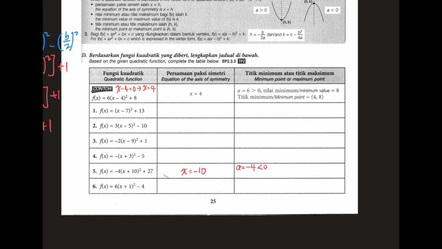We know the graph is going to be a sad face graph, so we should call this maximum value. Maximum value is equal to 27. It's everything at the back of the bracket. And then the maximum point is the x negative 10 and the y positive 27. Something like this. Okay, so we have done. Let's move on.